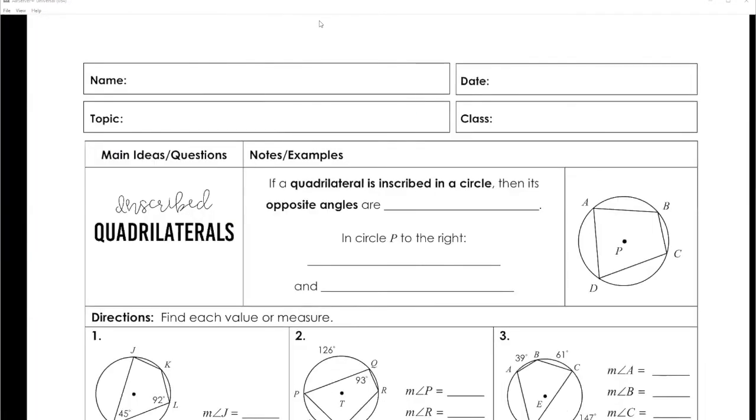Okay, that pushes us to our inscribed quadrilaterals. We talked about quadrilaterals 2 units ago, right before transformation. If a quadrilateral is inscribed into a circle, the cool part is opposite angles are supplementary. What does it mean to be supplementary? Their sum is 180.